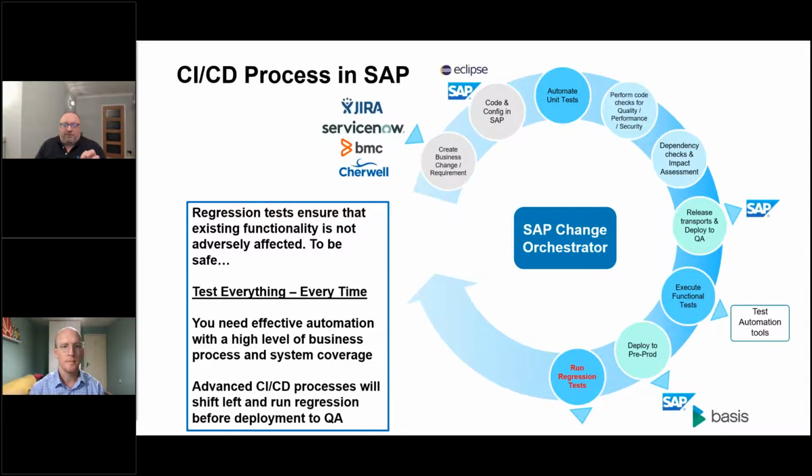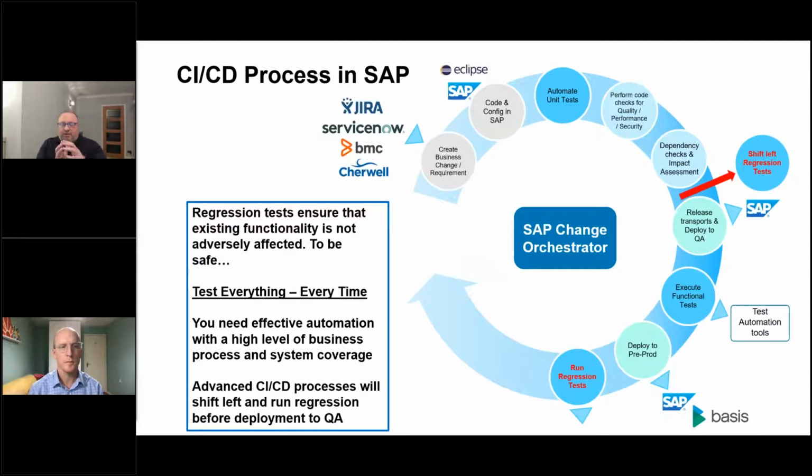And one of the interesting things about that is that if you can fully automate that regression test, you can essentially look at shifting it left in the process, as we can see here on the screen. So you can do your regression testing of your changes before they even hit the QA system.